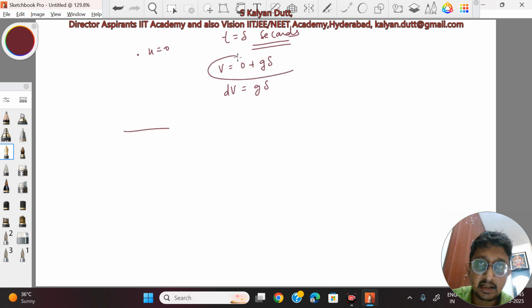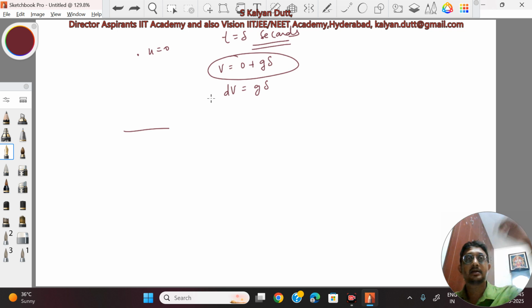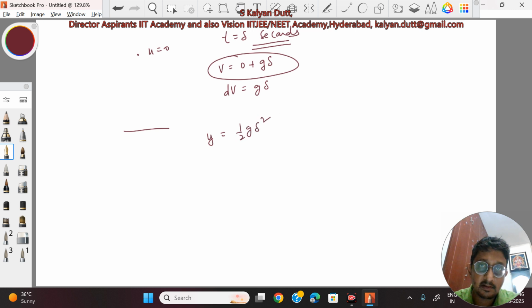V minus 0, final velocity minus initial velocity, I can write it as dv. And I know that the displacement y, I could write it as dy actually, is half g delta t square if delta t is a very small time.